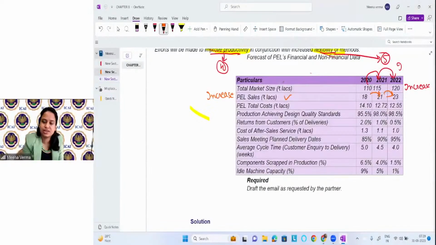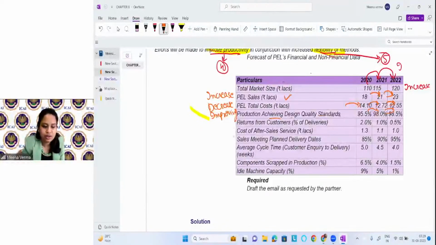This is also increasing, right? Then total cost is gradually decreasing. Wow, it is decreasing. Then production achieving design quality standard, improving. Wow, improving.